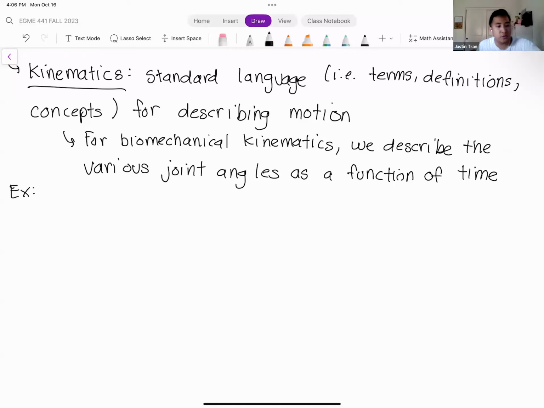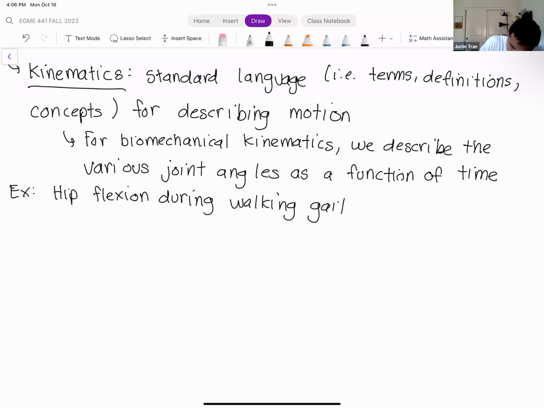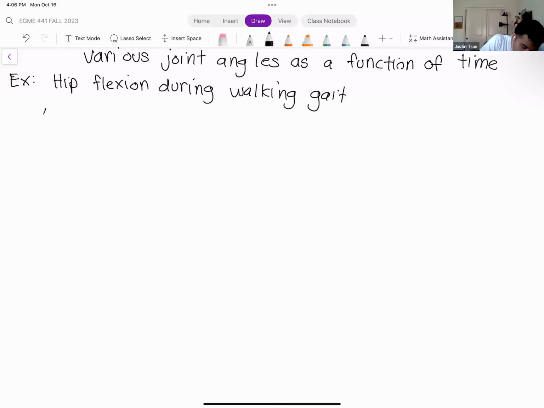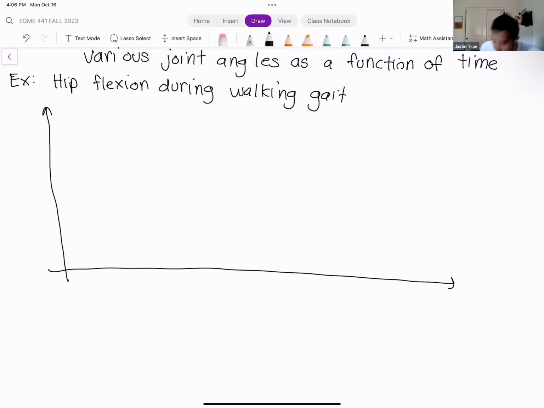Let's look at the example of the hip joint during walking. Typically we measure these in a graph like this.